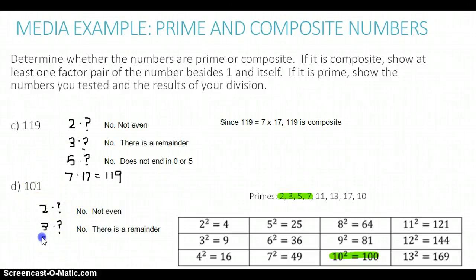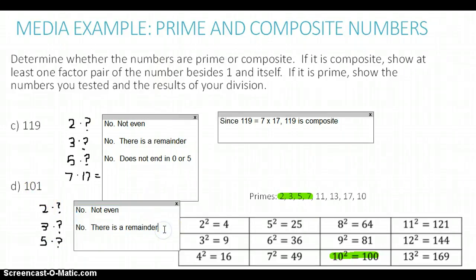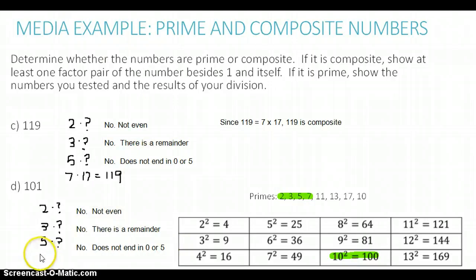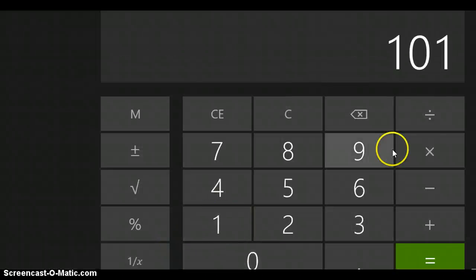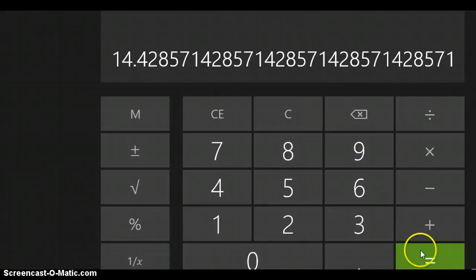5 is always nice and easy. This does not end in a 5 or a 0, so 101 is not divisible by 5. No, does not end in 0 or 5. And again, the last one we need to check is 7. Let's go to the calculator. 101 divided by 7.